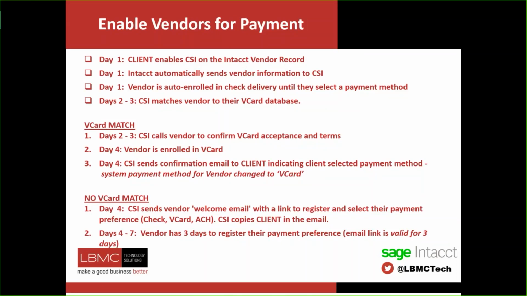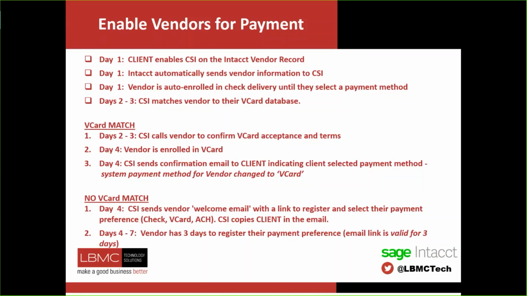So on day 1, the client, that's you, enables CSI on the Intacct vendor record. And then Intacct will automatically send vendor information over to CSI based on that switch that you do.